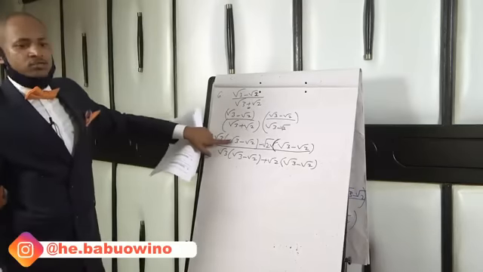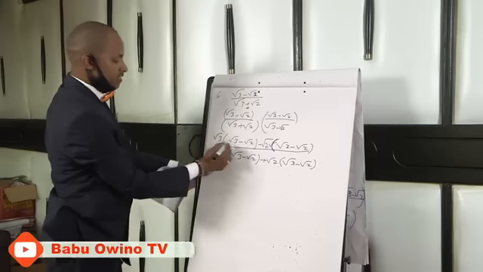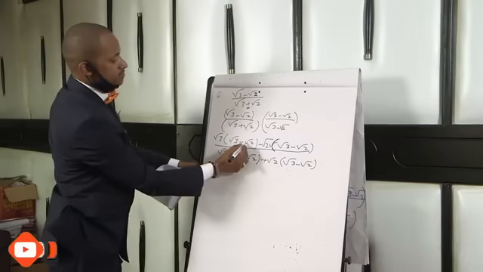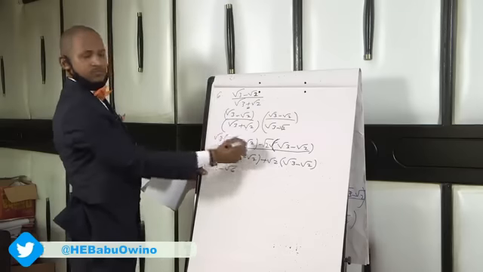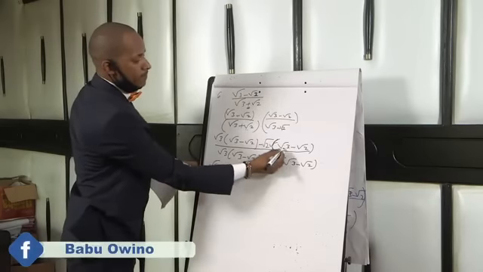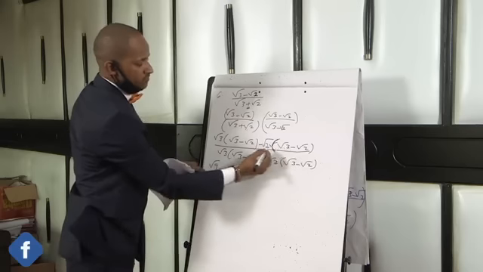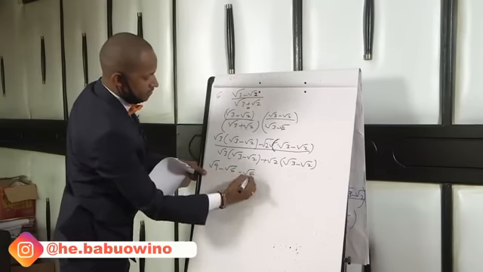Root 3 times root 3 is root 9. Root 3 times minus root 2 is minus root 6; just multiply what's inside the roots. Then minus root 2 times root 3, multiplying what's in the roots, you get minus root 6.